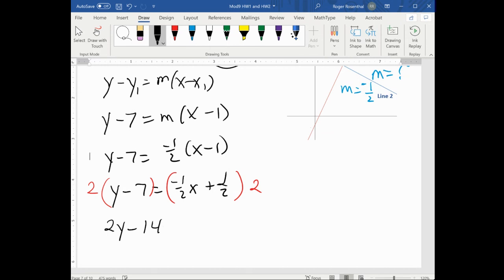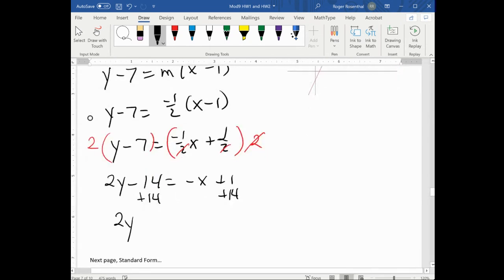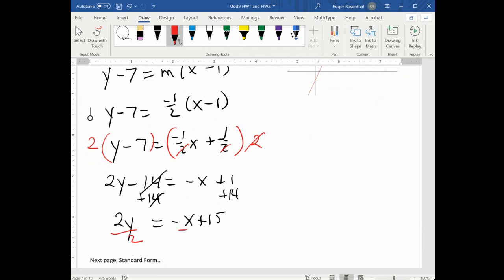That'll give me 2y minus 14 equals negative x plus 1. Notice the 2 is canceling these 2's there. And that's how I got negative x plus 1. Then I will add the 14 to both sides. That will give me 2y equals negative x plus 15. And at the very end, I will divide both sides by 2.